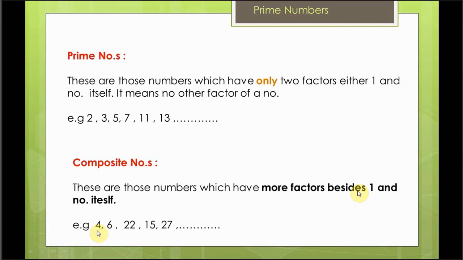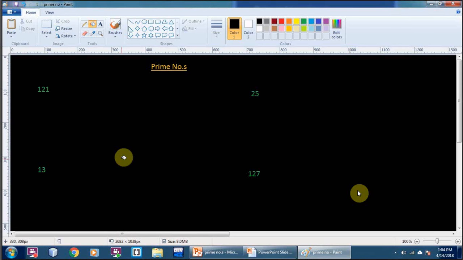It means the number which has other factors except 1 and the number itself, which are the factors of every number. So besides these factors, it has more other factors, that is called the composite number. To clear this concept more, we are taking some examples.